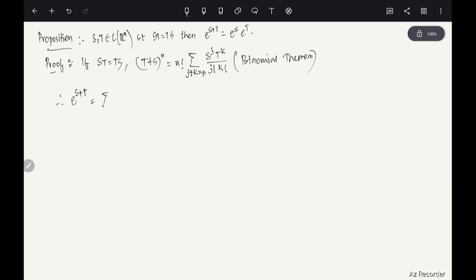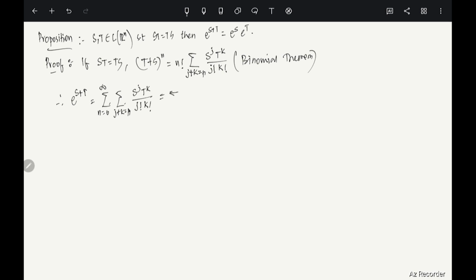This will be nothing but summation over j plus k equals n, with n equals 0 to infinity, of S power j T power k by j factorial k factorial. Clear?